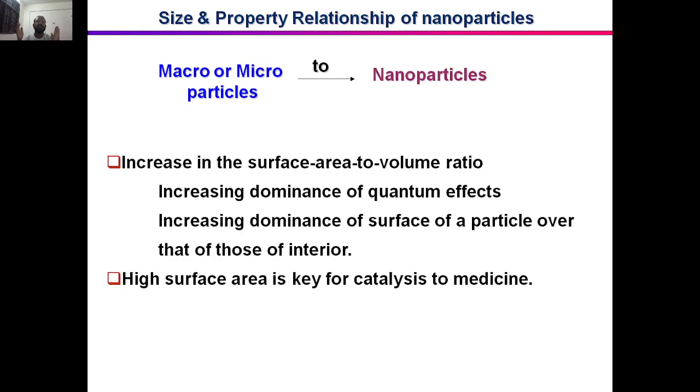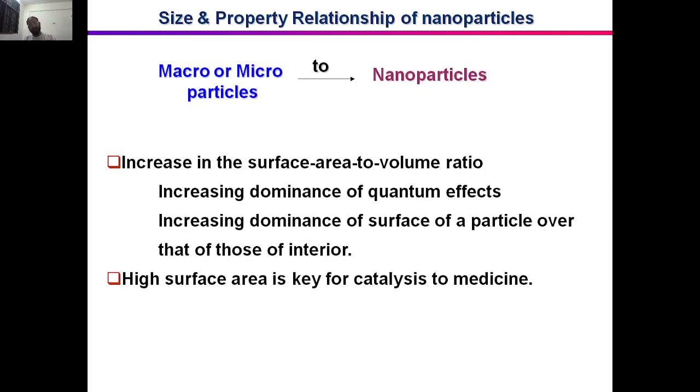That means the volume is less, the surface area will be more in relation to that, so the ratio will always be high. The surface to volume ratio is very high in nanomaterials. So how will it be helpful? Because if the surface is more, that means the surface atoms are more.